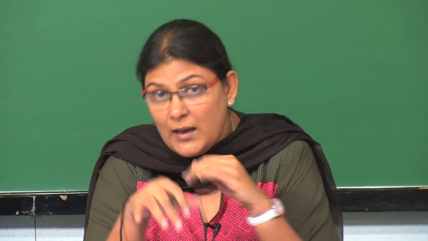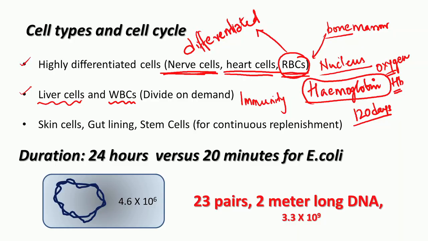Now, these kind of cells, which are usually the epithelial cells, the lining of the skin, the lining of the gut, they have to keep on dividing and replenishing the lost cells. So, these are the most frequent cells which undergo the process of cell cycle.